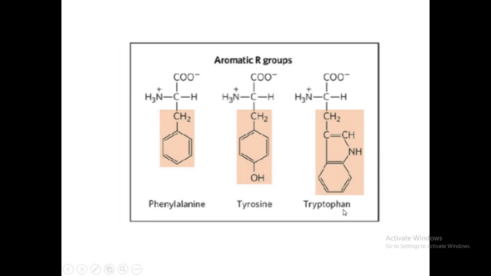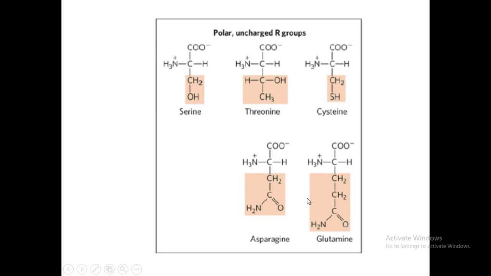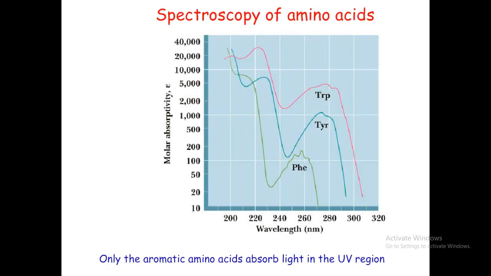So due to this indole group and this hydroxyl group, these two functional groups make them unique in absorbing light in the UV region. Due to this ability, tryptophan and tyrosine absorb light at 280 nanometers.